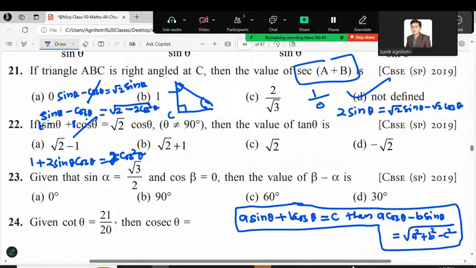Then you are supposed to find out tan theta. What can you get from here?